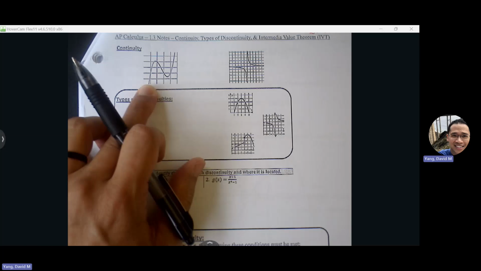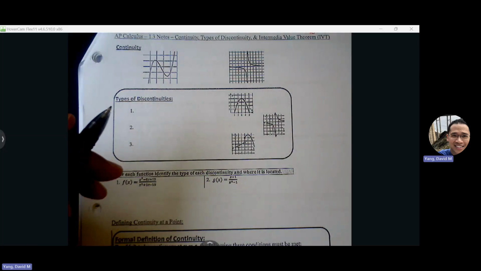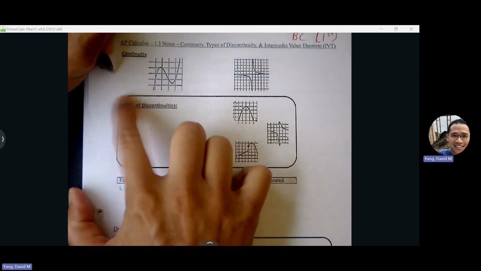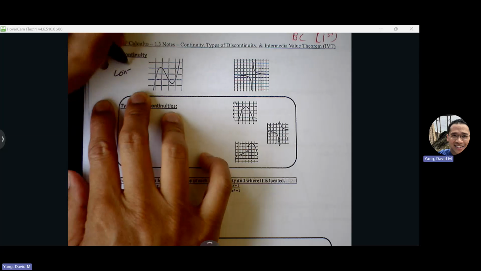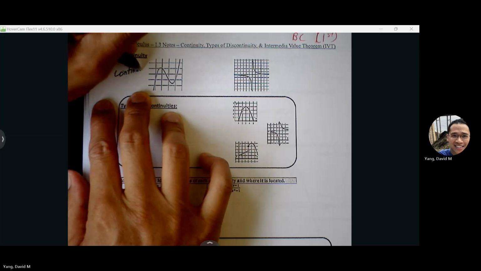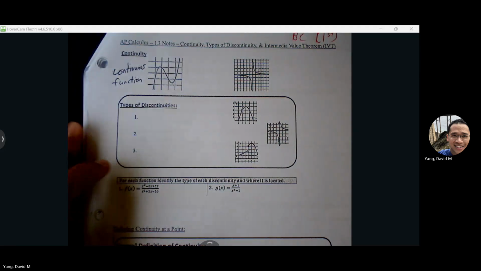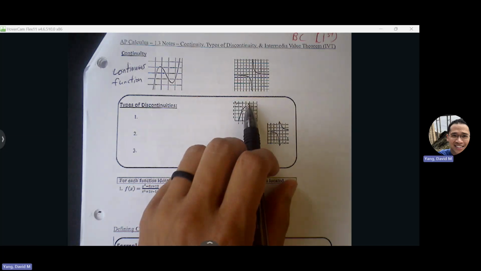So this would be an example of a continuous function. A continuous function means that you can sketch the entire graph without ever having to lift up your pen or pencil. So this basically is a connected graph with no holes, with no asymptotes. This will be a continuous function. This, however, would be a discontinuous function because there's clearly a break.